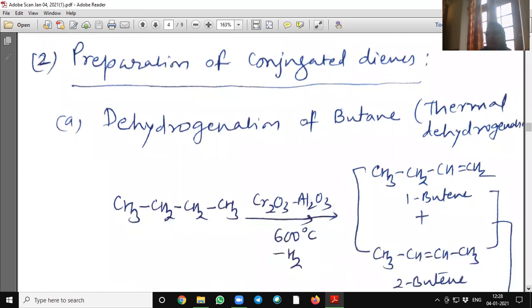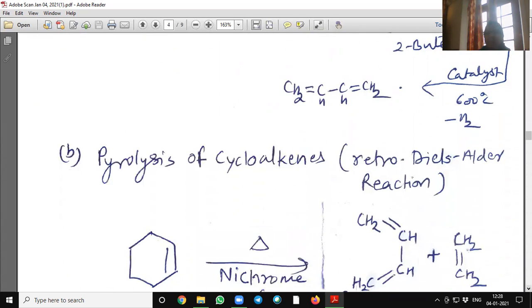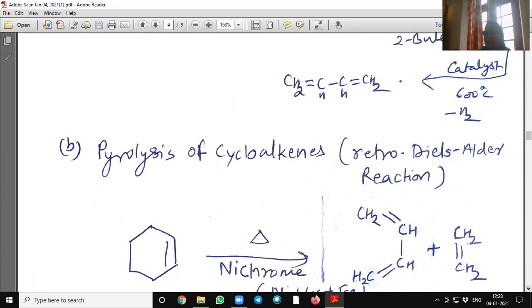Thermal dehydrogenation in presence of chromium oxide and aluminum oxide at 600 degree centigrade will first give a mixture of 1-butene and 2-butene, and on further dehydrogenation, it will give 1,3-butadiene. Pyrolysis of cycloalkenes, it is a retro-Diels-Alder reaction.